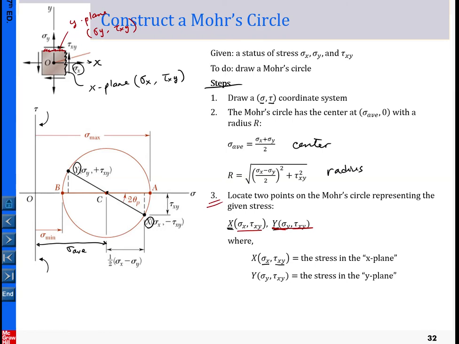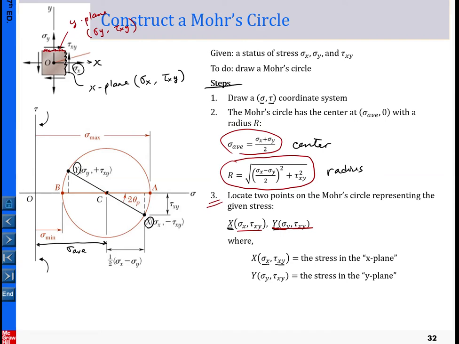Again, this page is very general, and the information you probably need to memorize is these equations and these equations. From this moment onward, I can tell you this is probably the only two equations you need to memorize in this chapter.